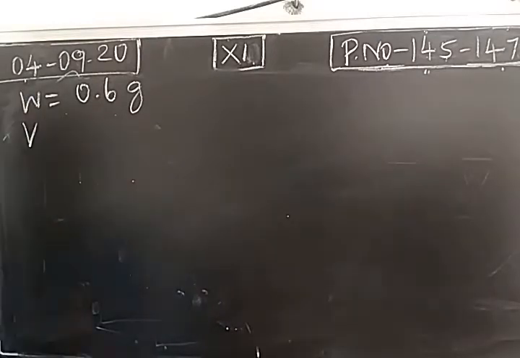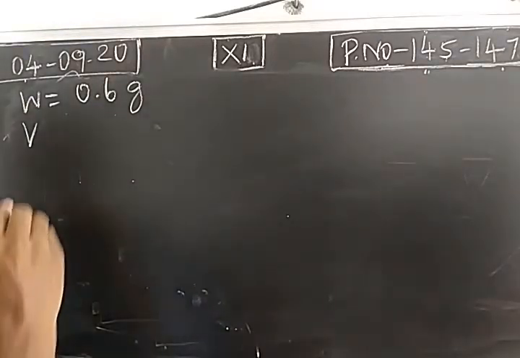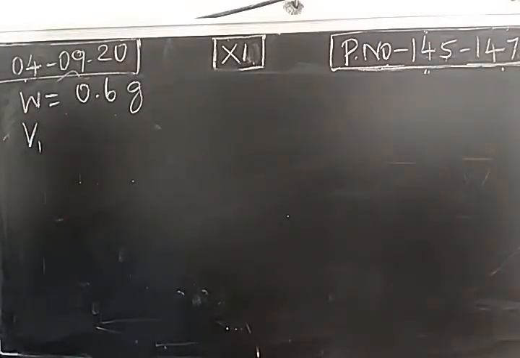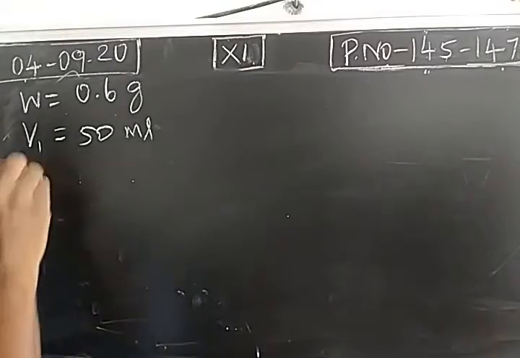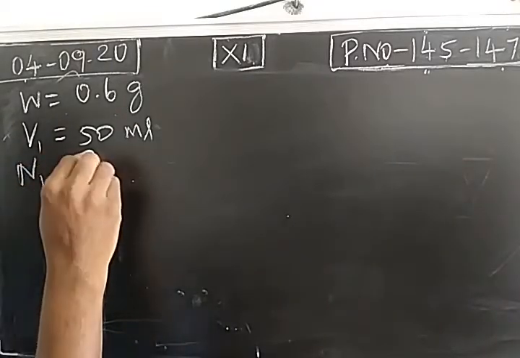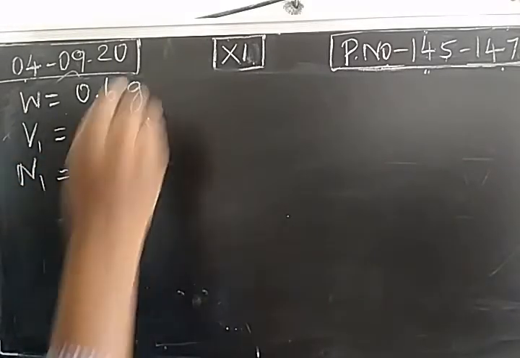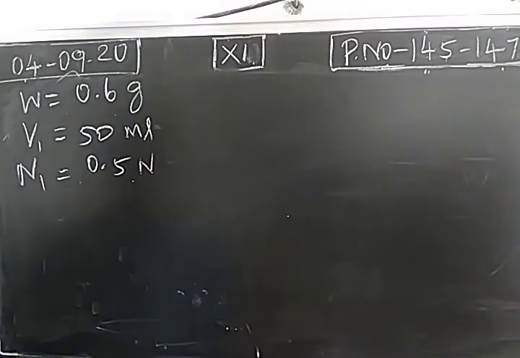Volume of sulfuric acid is taken in the receiver, 50 ml, and its normality is 0.5 normal. So in Kjeldahl's method, the receiver contains sulfuric acid 50 ml at 0.5 normal concentration. Next.